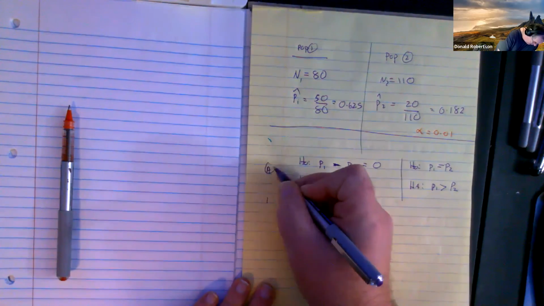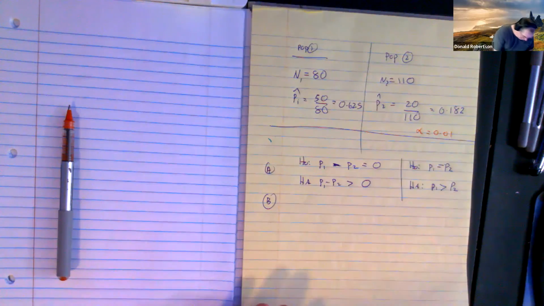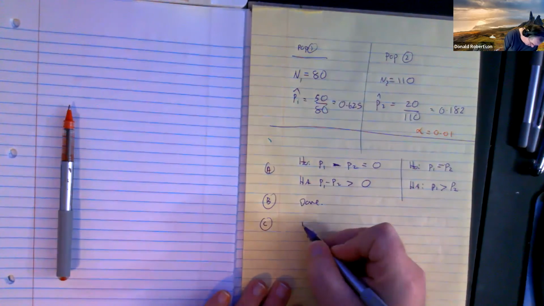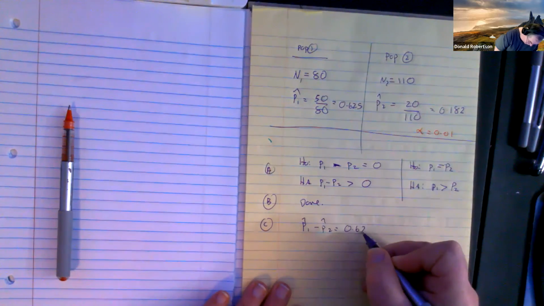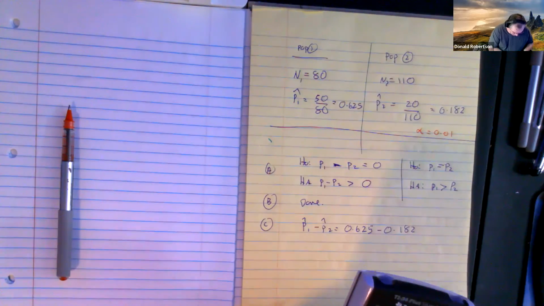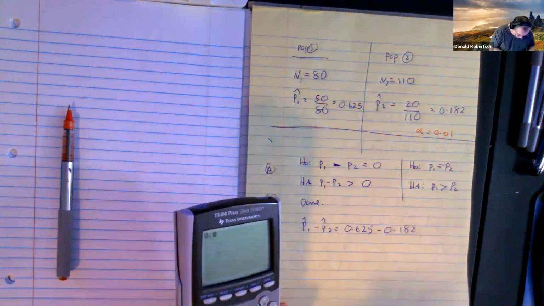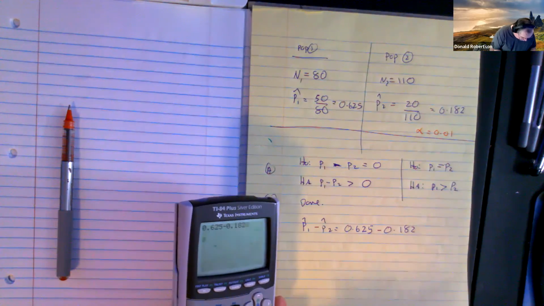Technically, that's A done. B, I'll just talk through it. Yes, there were at least 10 people who said yes, and at least 10 people who said no in every group. So we know that that's done. Okay, move on to C. We have to find P1 hat take away P2 hat, which in this case is 0.625 take away 0.182.